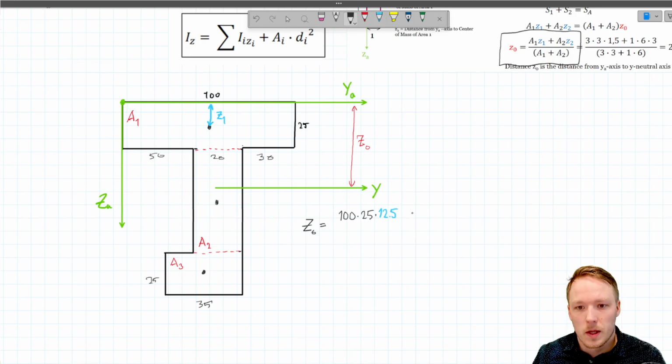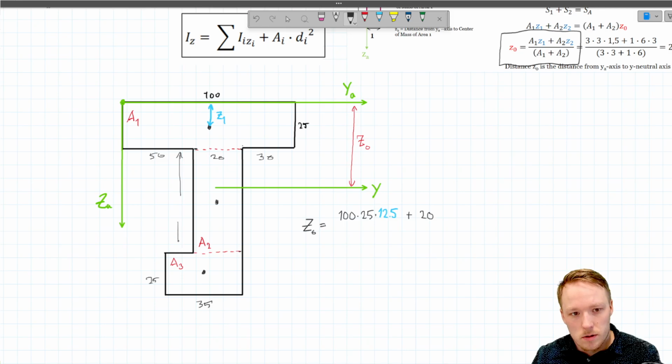Okay. Then we add the terms for area 2. This is now area 2, and the width of area 2 is 20 millimeters, and this dimension here is 85.